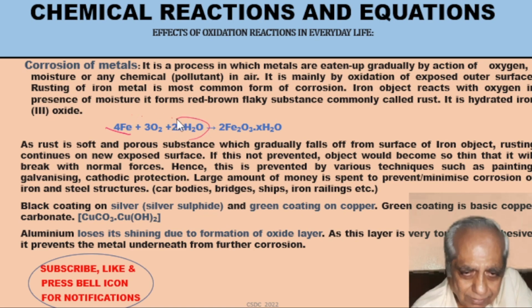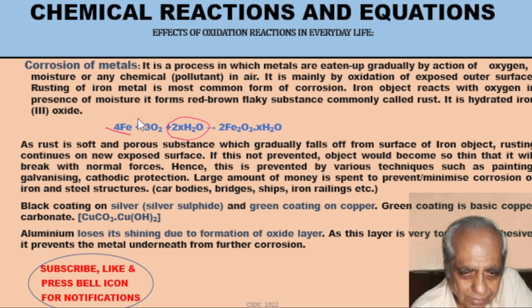So in places which are dry, rusting will not take place. But places which are in coastal areas, there is a good amount of moisture, so rusting takes place. And rust is nothing but ferric oxide and some molecules of water.